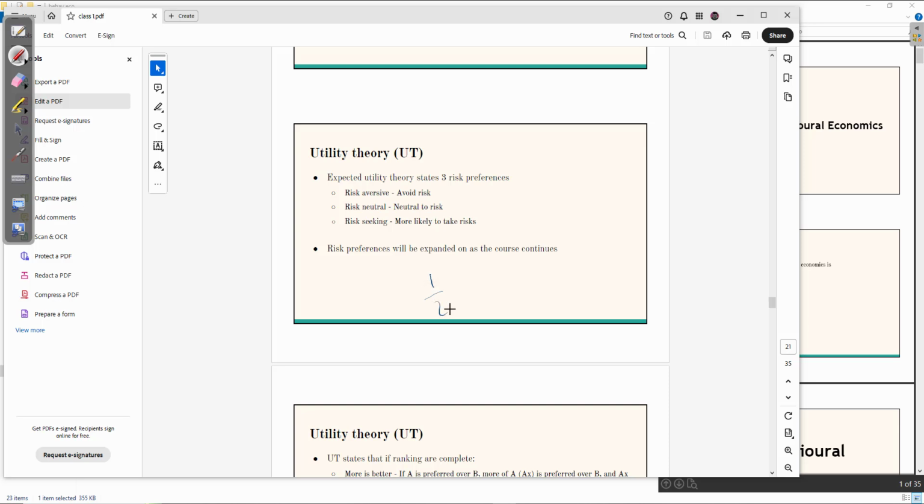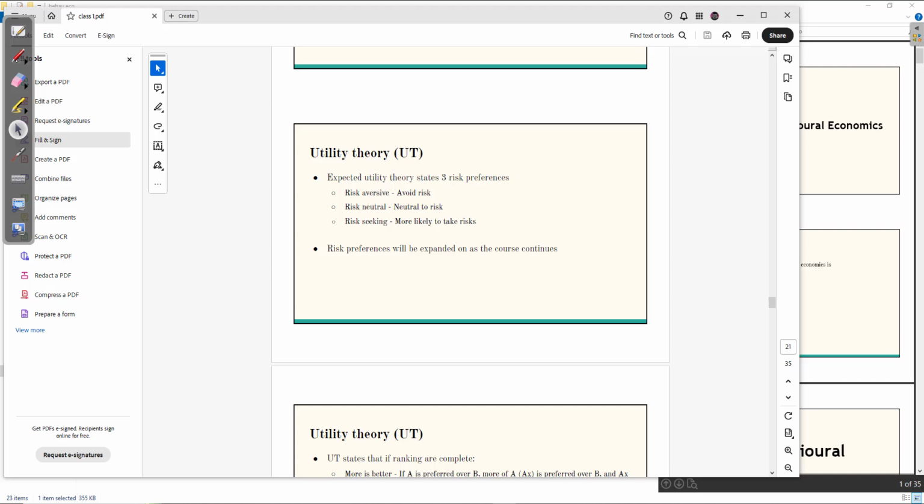You take the probability of a particular situation, and the gain that you will get from choosing that particular option, and by adding all these options together, you will get what we call expected utility, what you expect from a particular situation.